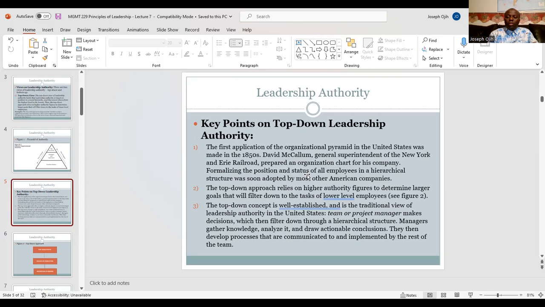So in that scenario, we have the managers who gather information and knowledge, then analyze it, draw actionable conclusions, which they then communicate down to the frontline employees or to the team members to implement them.